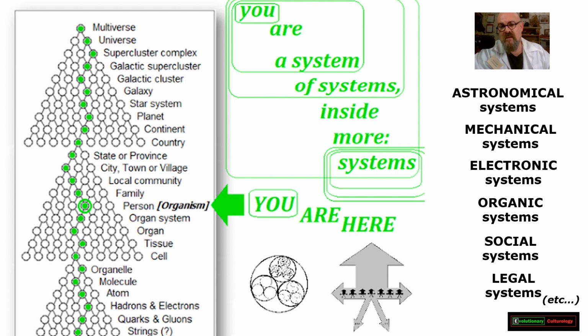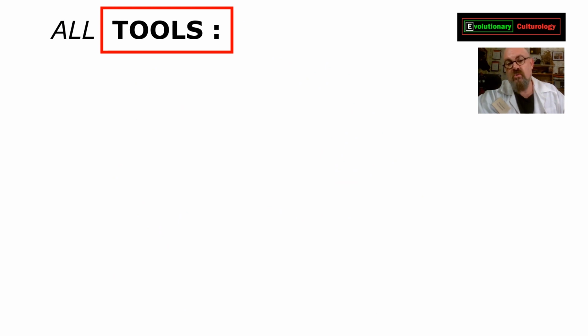So we can look at that diagram and pick one scale level, say a planet, or a person, or a cell, and identify which of those systems it belongs to, whether it's organic systems, organic and electronic systems, mechanical systems, etc. Likewise, all tools, which are units of culture. A tool is just a unit of culture used to solve a problem or achieve a goal or an aim.